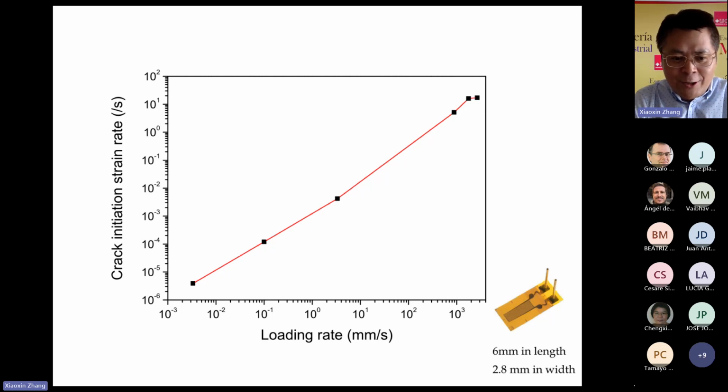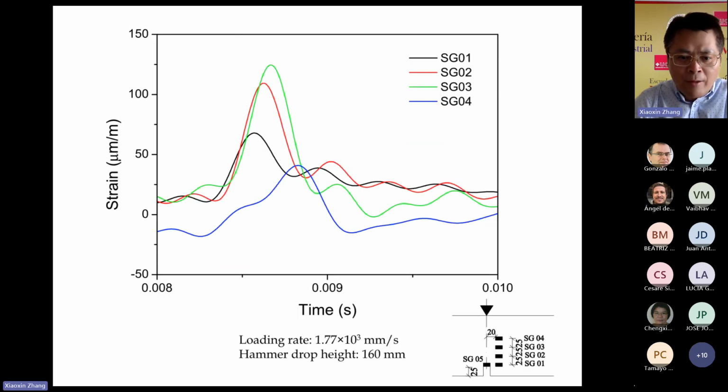From this figure, it is clear that at low loading rates the relation is almost linear, while at high loading rates, the last 2 impact loading rates, the strain rate is almost constant.